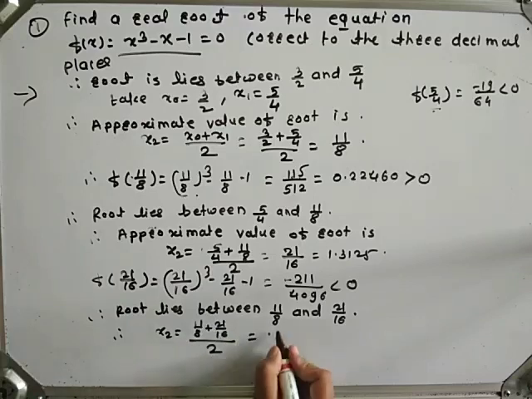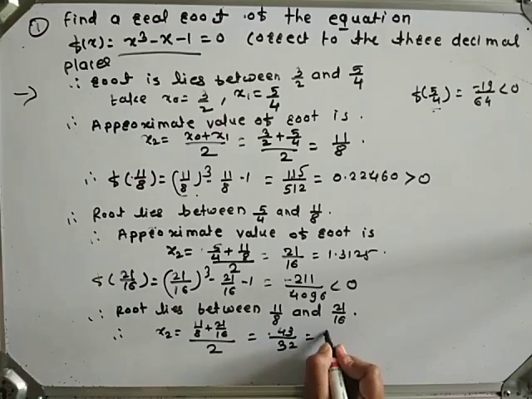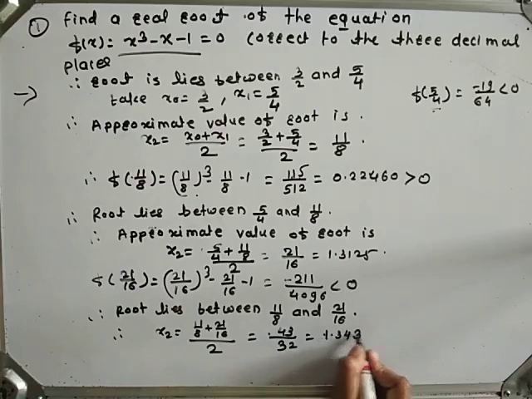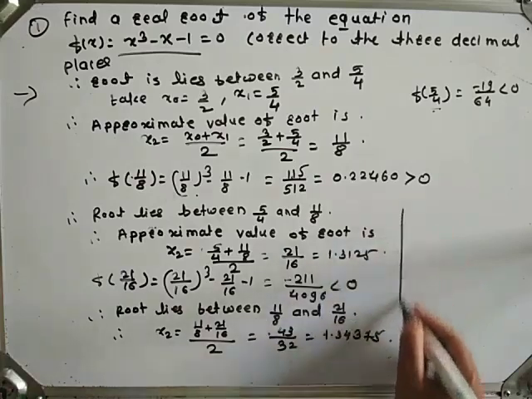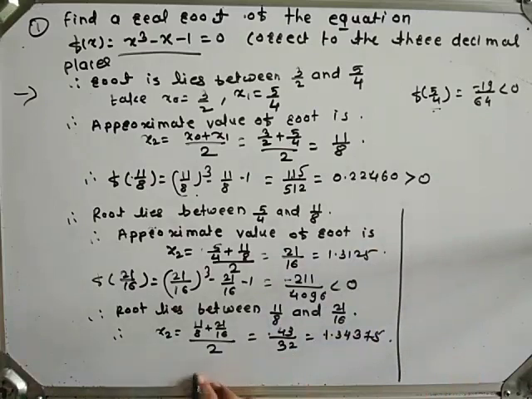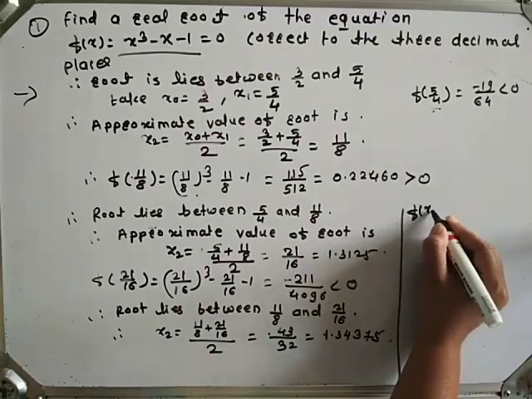After calculating this we get 43 upon 32, which is equal to 1.34375.